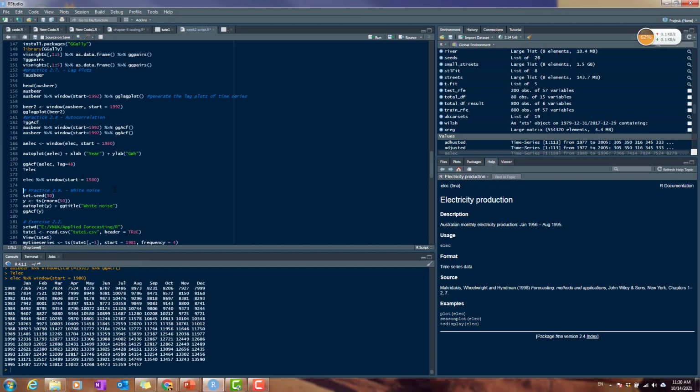I just want to see the data this way and go further. I want to do the autoplot.